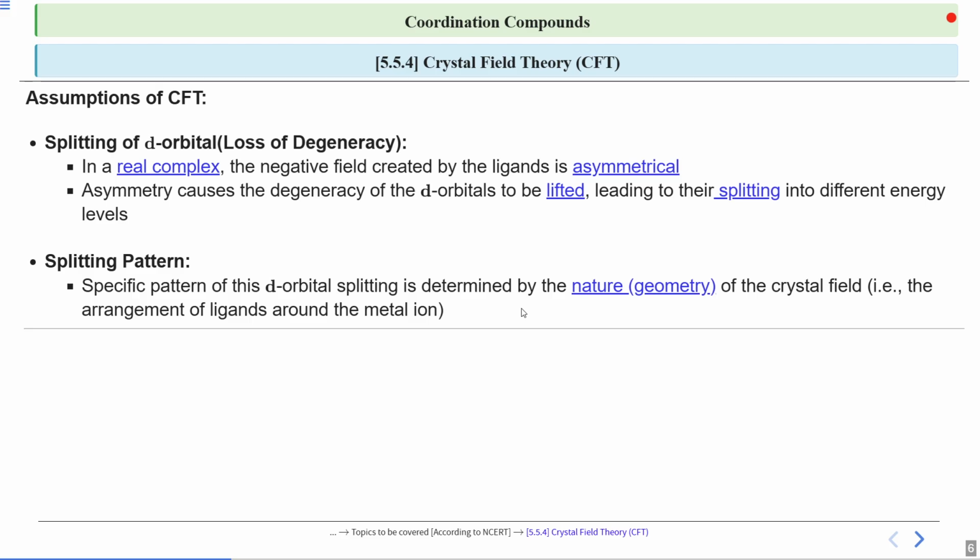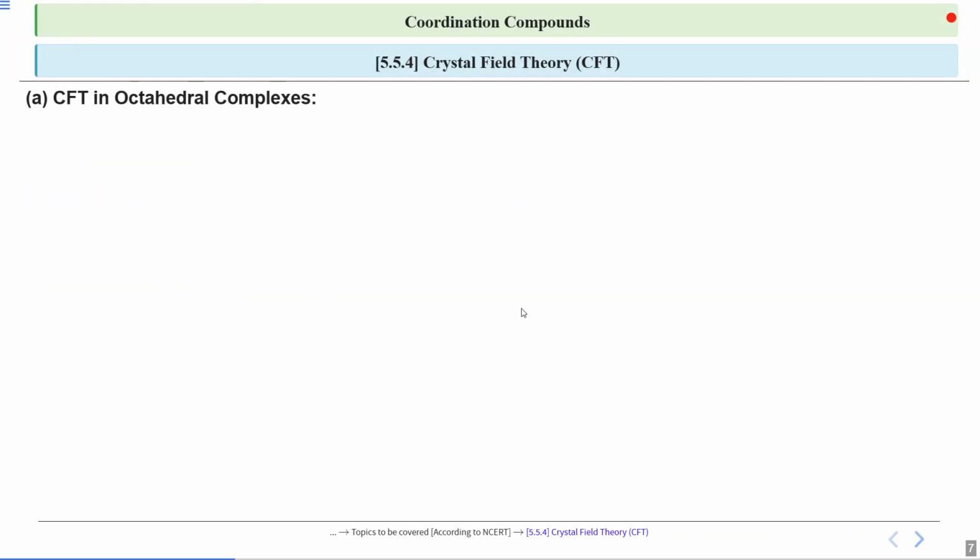So the nature or geometry of the crystal field, that means the arrangement of the ligands surrounding the metal ion, decides the specific d orbital splitting pattern.